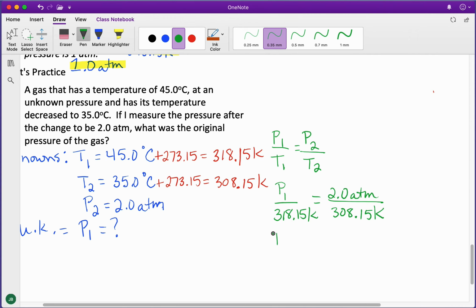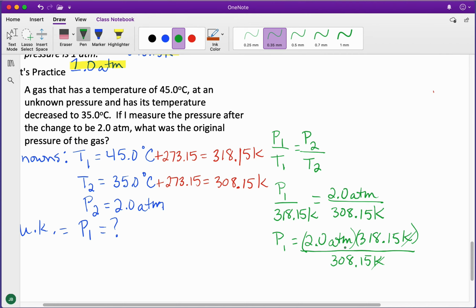Okay, so pressure 1 is going to equal 2.0 atmospheres times 318.15 kelvins over 308.15 kelvins. And once again, we can see that our kelvins are going to cancel out.